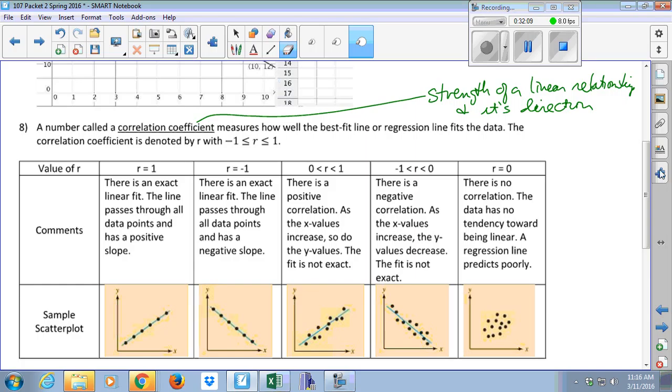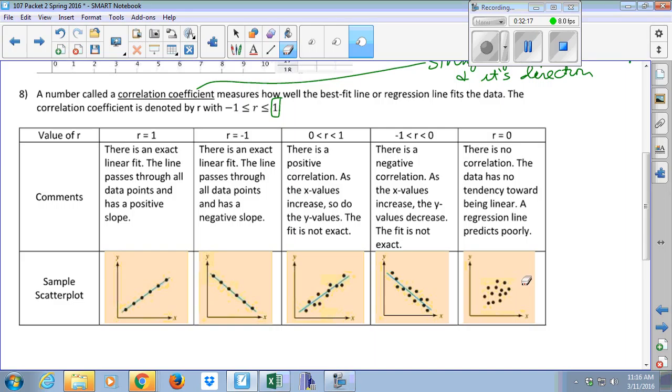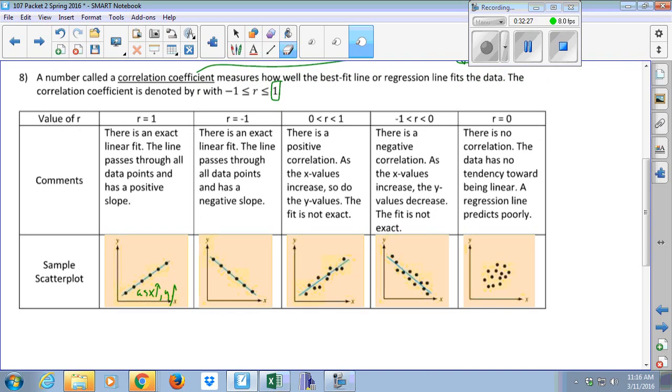As you know, a line can either have a negative slope or a positive slope. So the highest value R could take on is for perfect linear correlation in a positive direction, which means as X increases, Y increases. That's a positive association between your 2 variables. It's a positive slope. If I had data that lined up like this, its R value would be 1.